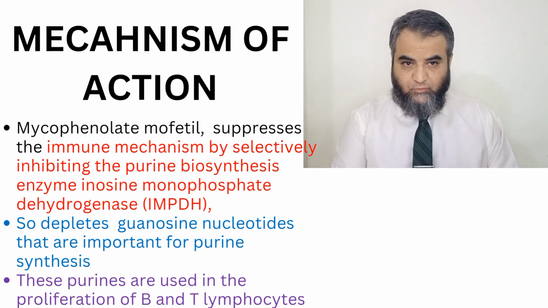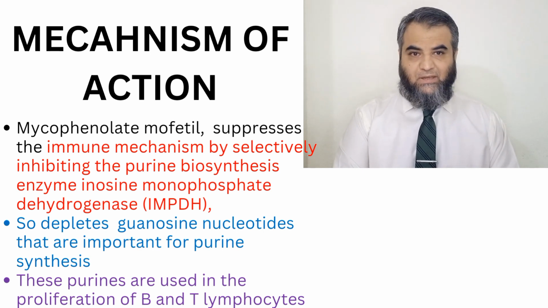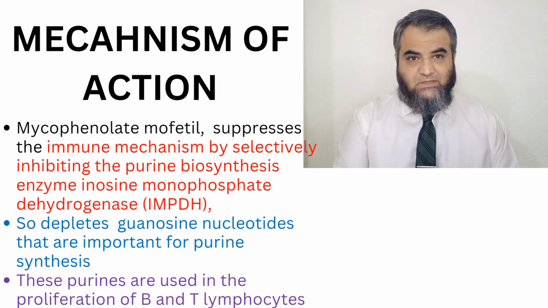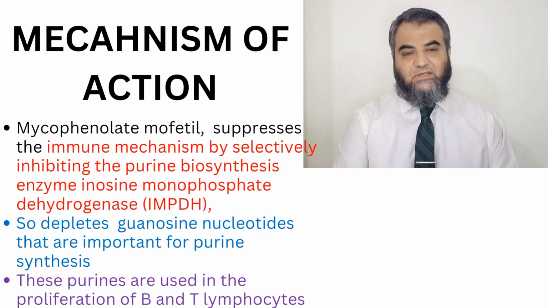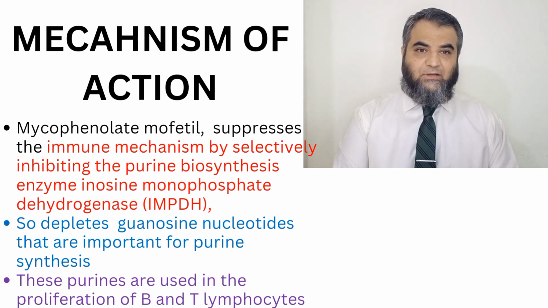When there are no guanosine nucleotides, there is depletion of B and T lymphocytes. So ultimately, this medicine causes depletion of B cells and T cells, and it decreases the immune response of the body against different diseases.